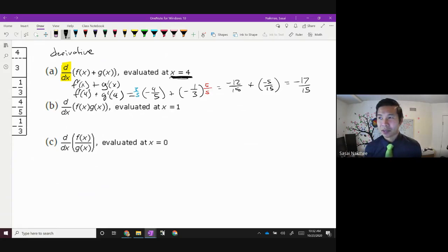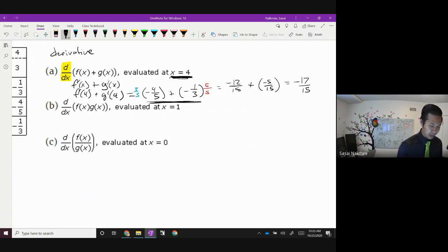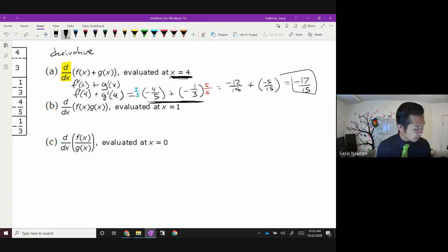And if you want that as a decimal, I think it comes out to like 1 point... I can't do that in my head anymore. This is 1 point something if you want it as a decimal. So know how to do all that, know how to simplify it, right? Technically you are done here. You don't have to do that further part, but if you're doing a multiple choice test, I guarantee you it'll either look like this or it'll look like a decimal. So I'll leave that up to you.